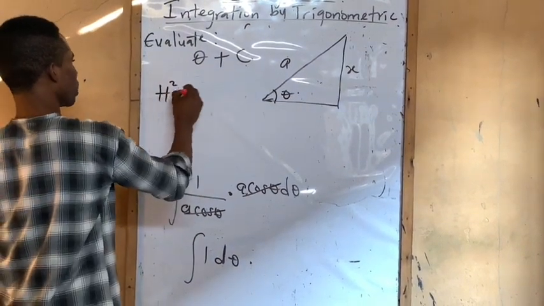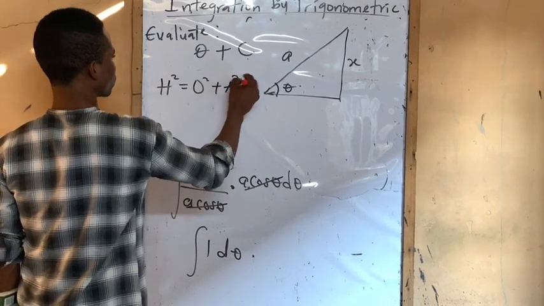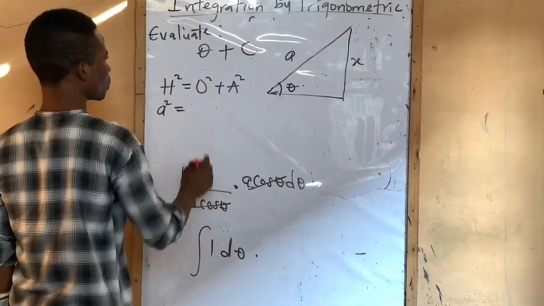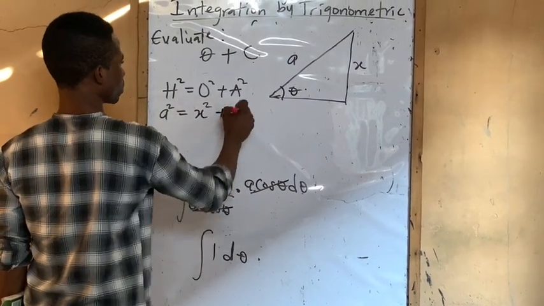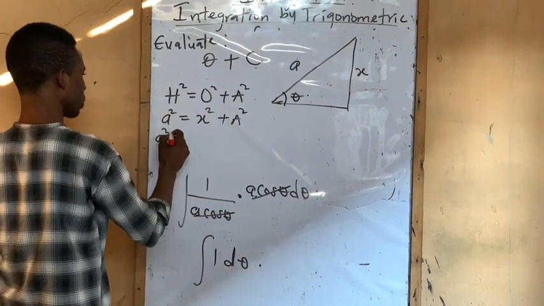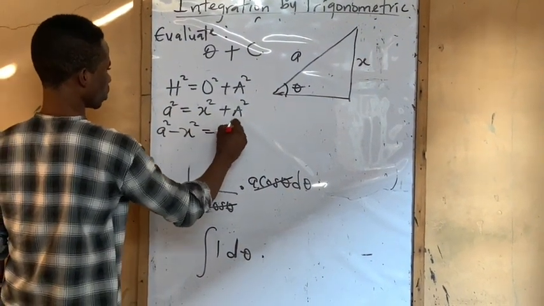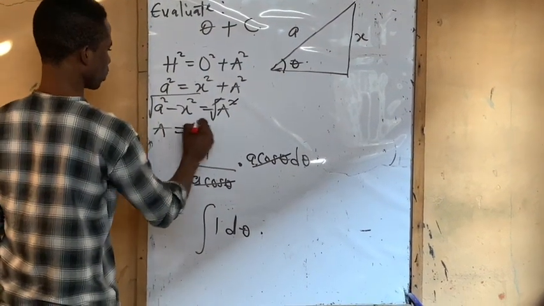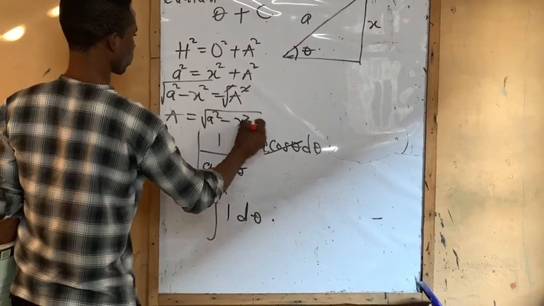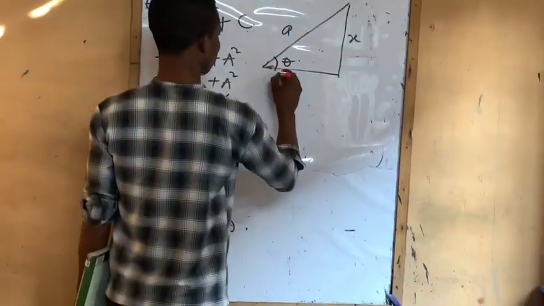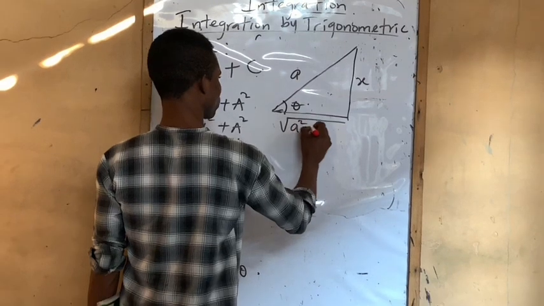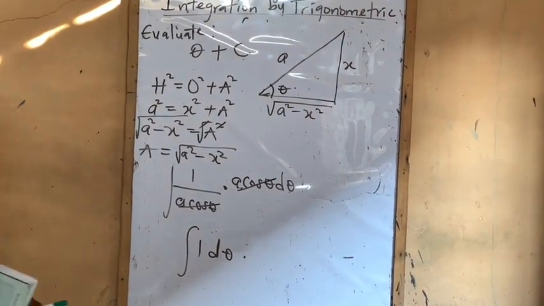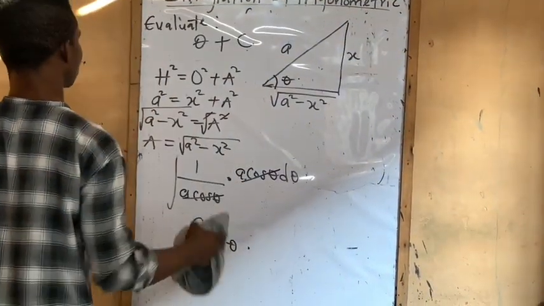Our hypotenuse squared equals opposite squared plus adjacent squared, that is a squared minus x squared equals the adjacent squared. Square root of both sides, the adjacent equals the square root of a squared minus x squared. That's the adjacent side.